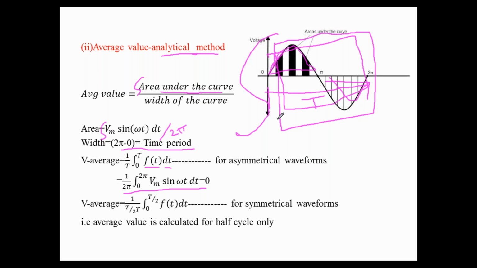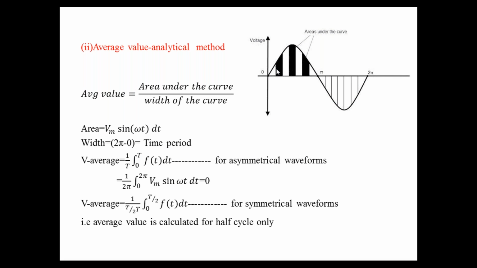But here the problem is that, for example in this case, the positive half area is equal to the negative half area. So this type of waveform is called symmetrical.